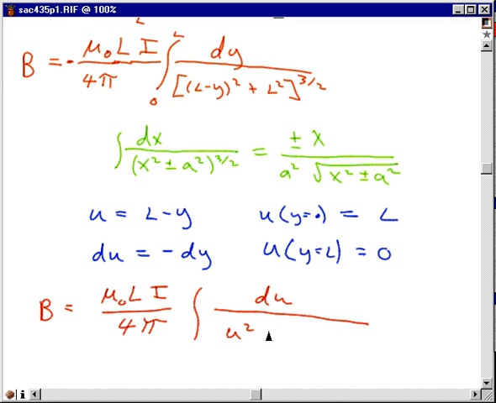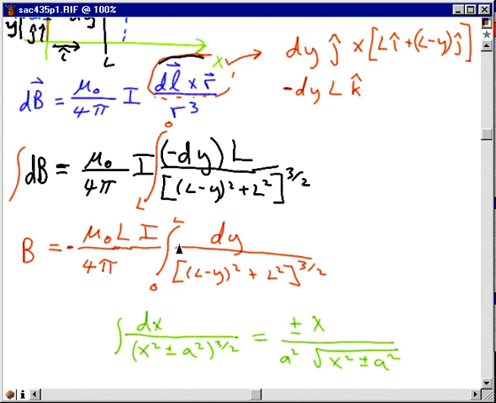So that's u squared plus L squared all to the 3/2. And then the limits of integration, when y was 0, u is L. And I think I've actually switched the limits of integration there. So this is supposed to be L down here. Just copying it from the line above. It's from L to 0.